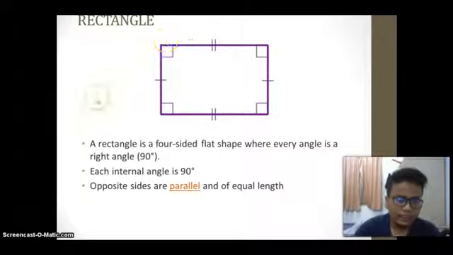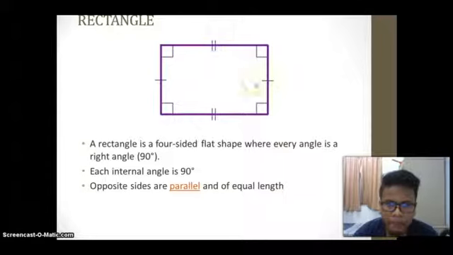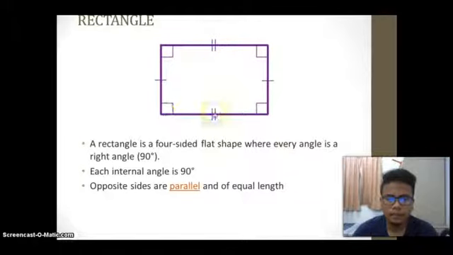The opposite sides are parallel, and each of the opposite sides, here and here, has equal length. So this side, for example, has the same length as the opposite side. So this side has the same length as this side.